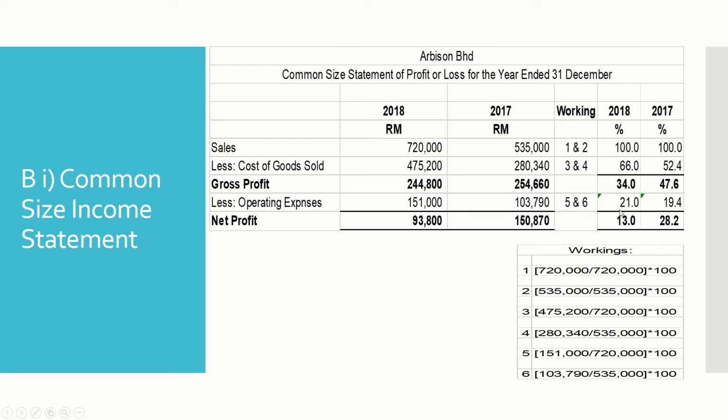Then you get 21%. Net profit is the amount of gross profit minus operating expenses. So 2017 net profit is 28.2. 2018 net profit is 13%.